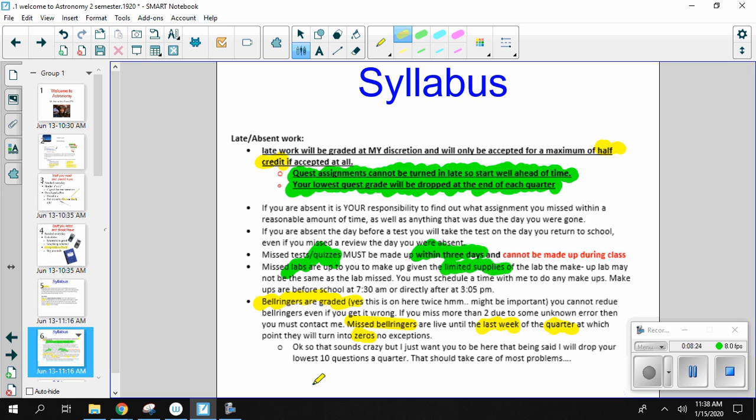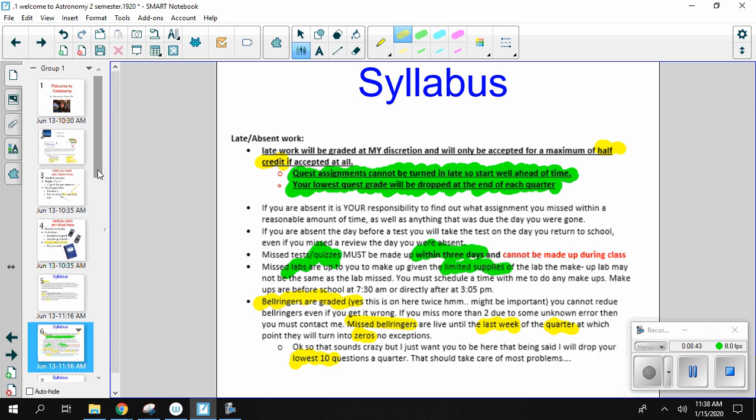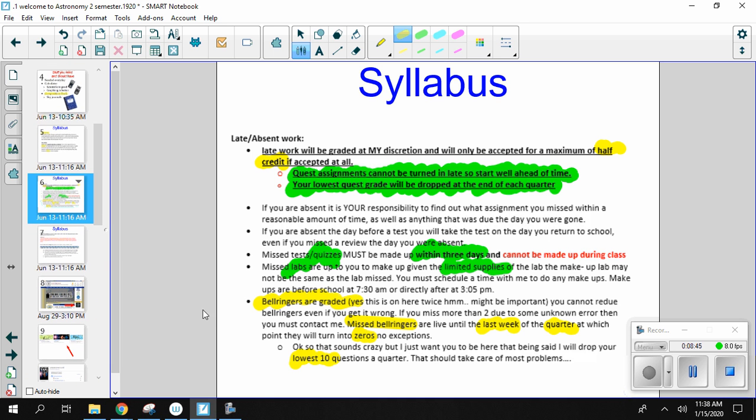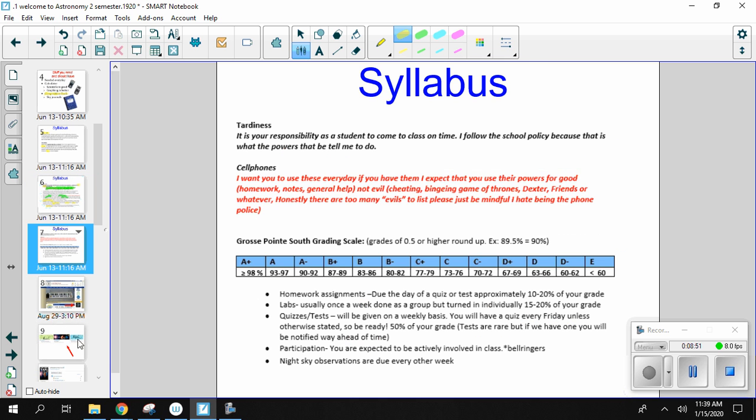The idea is that you come in and do the bell ringer the day of, not like 2 nights before the end of the quarter. That being said, I will drop the lowest 10 every quarter. That way, if you miss some or get some wrong, it doesn't affect your grade too much. That kind of goes to like 1.5 a week or something like that. I don't remember. All right.